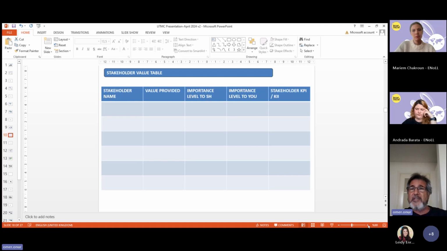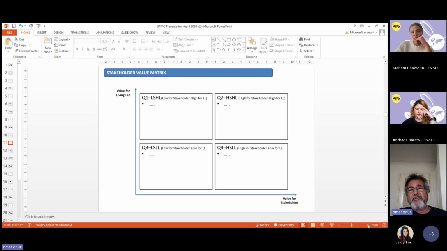But one key thing is that for every stakeholder value proposition, we need to define either a KPI or a key impact indicator, to ensure that we don't distract ourselves from the main objective of the solution we are providing. And after we do all this in the table, we put this into a matrix.